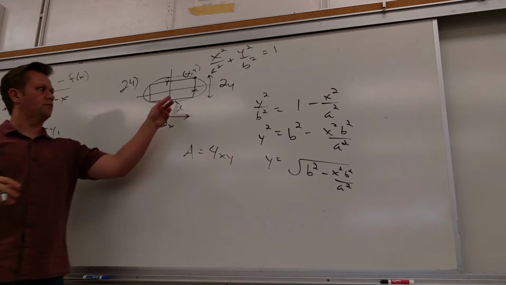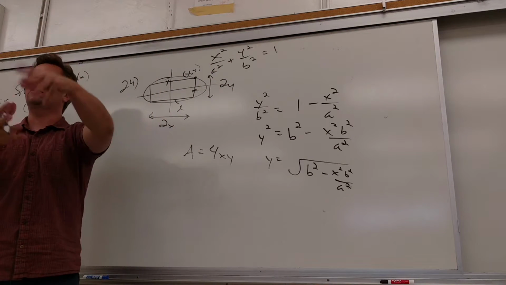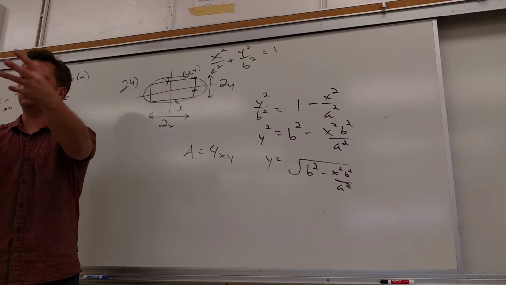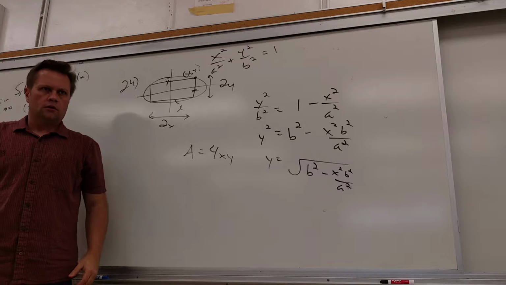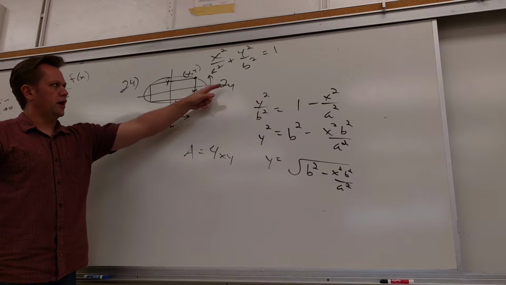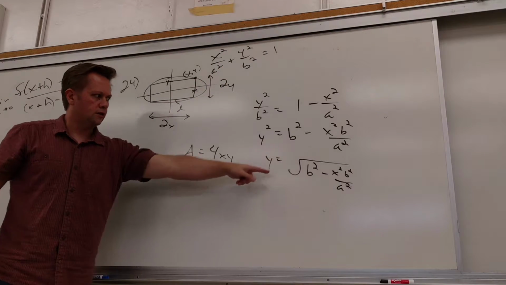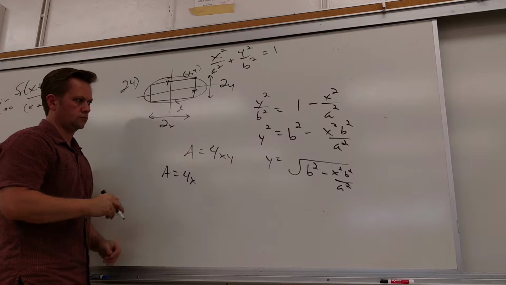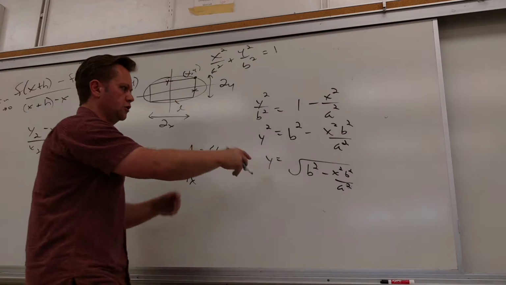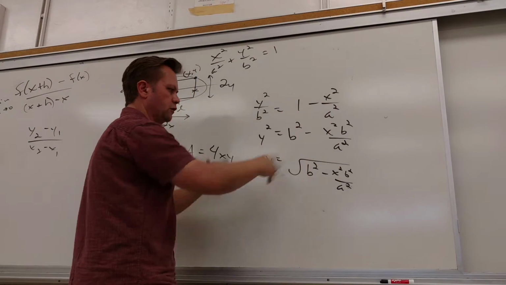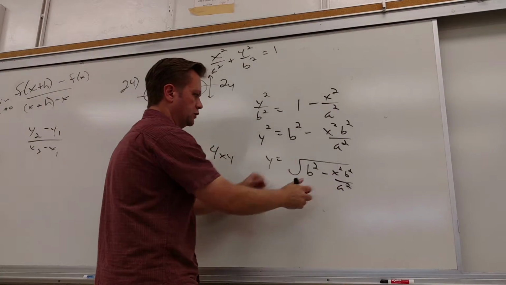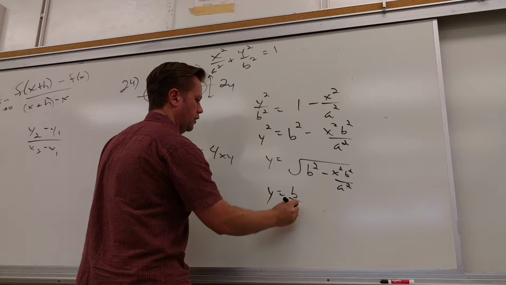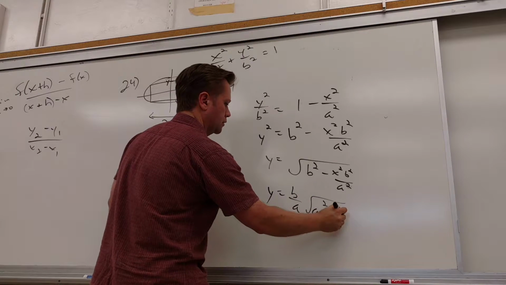Not L and W. You normally want them based on something to do with what they tell you. So that's why I wanted to bring X and Y in here, so that I can use this the way I'm about to now. You could take B out, whatever you want to do. You can take A out too and make this B over A, square root of A squared minus X squared.